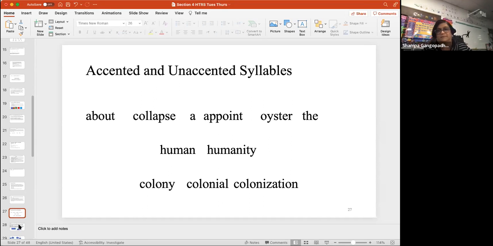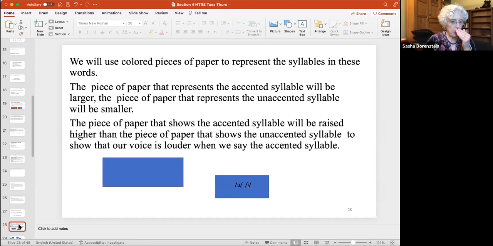One of the ways that I teach this with my students is that I will absolutely only start with two syllables, and I will have them have two pieces of paper. One piece is larger and longer to represent the accented syllable.